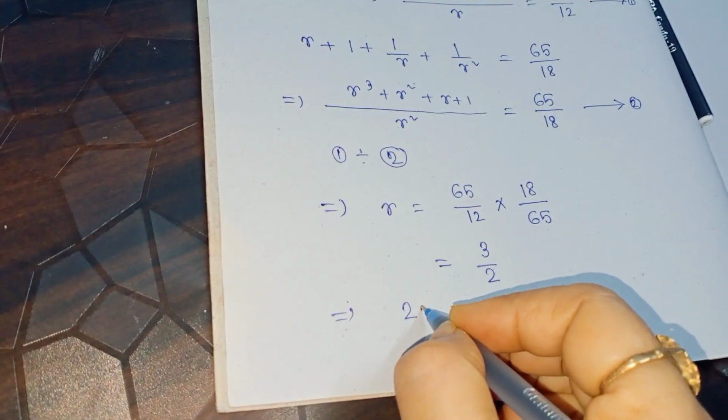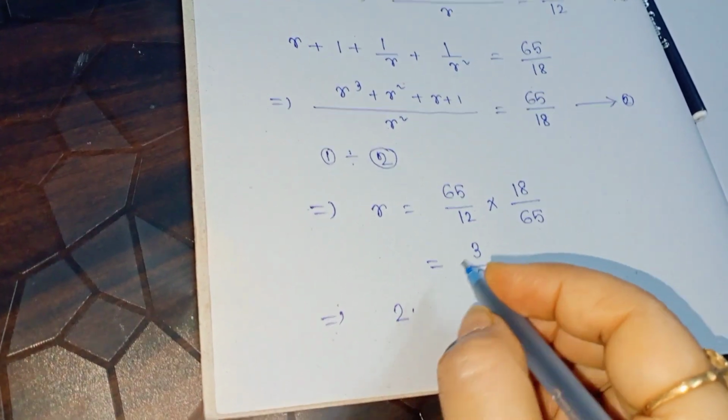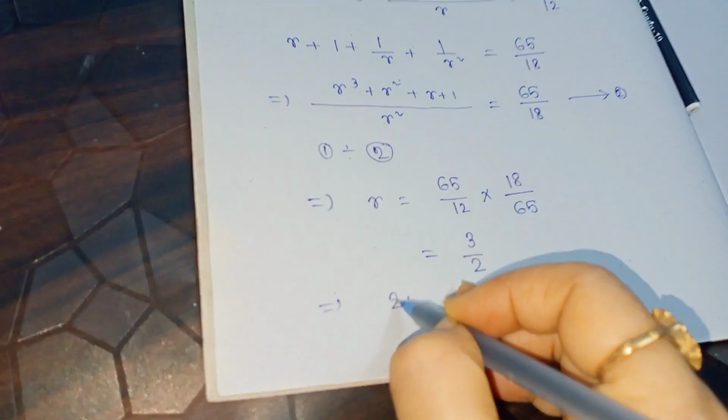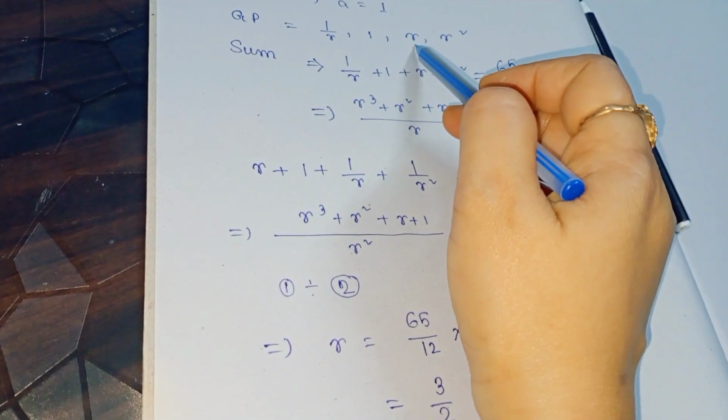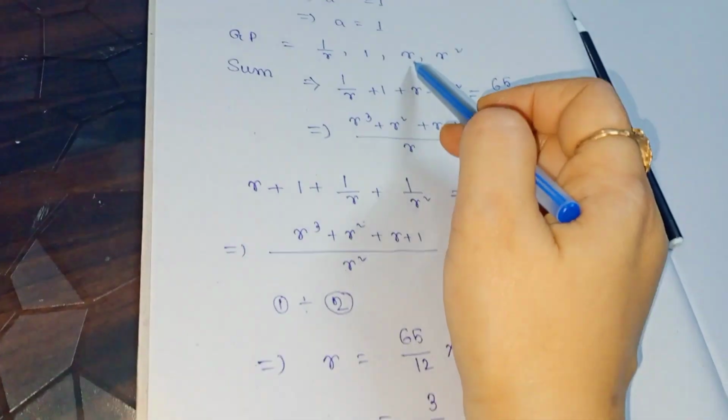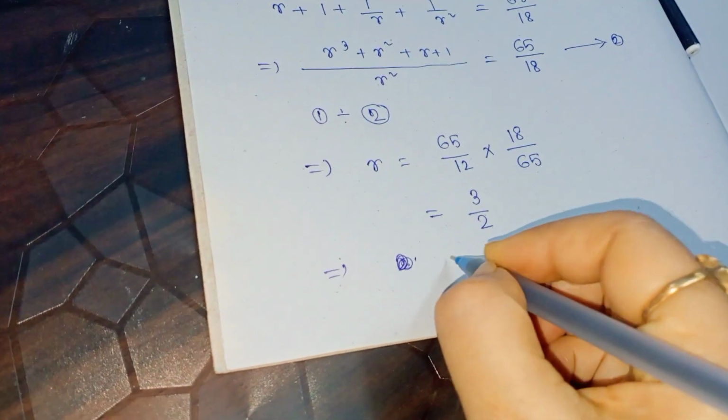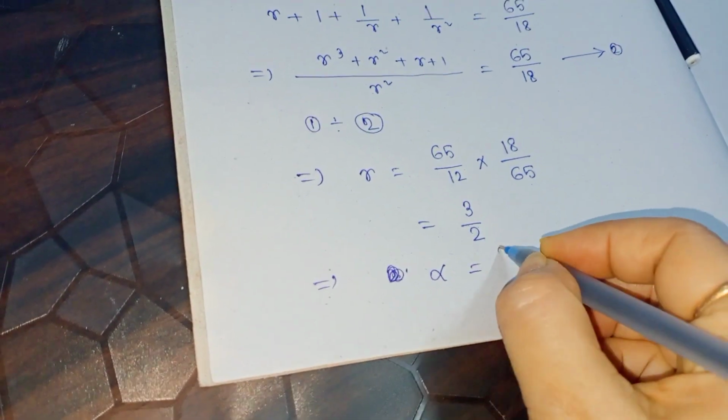We know R is equal to alpha, as it is the third term. So R is equal to alpha. So alpha is equal to 3 by 2.